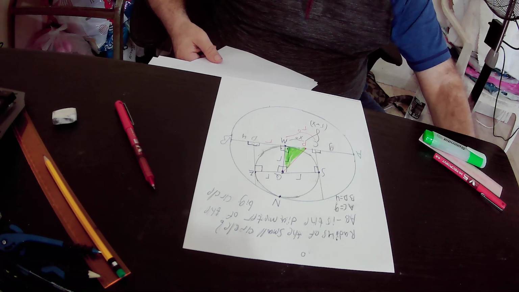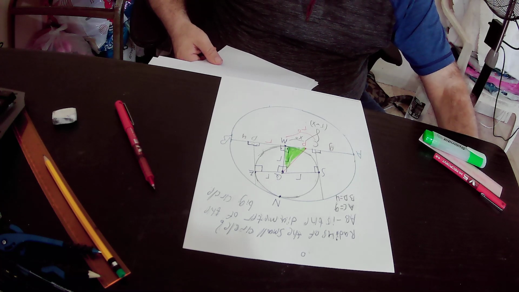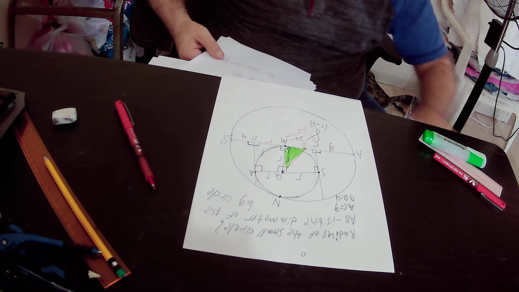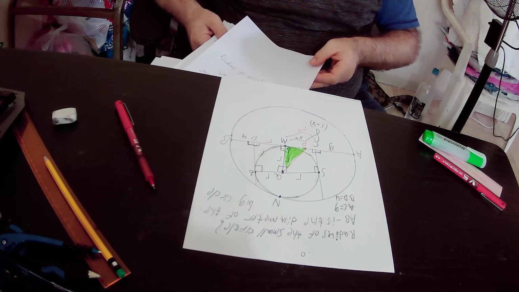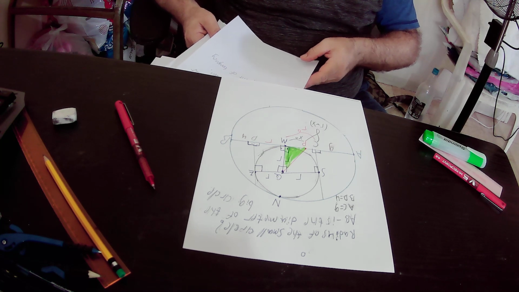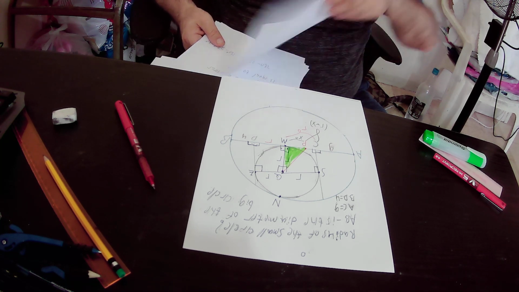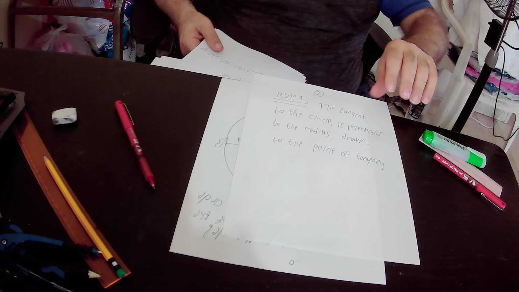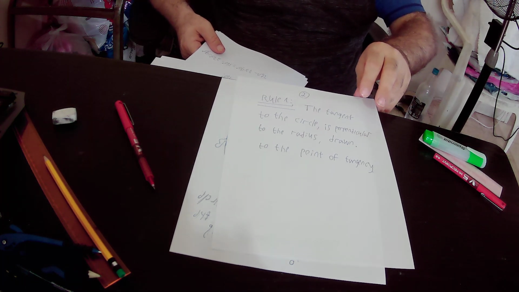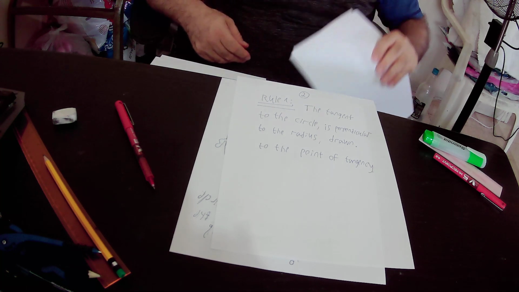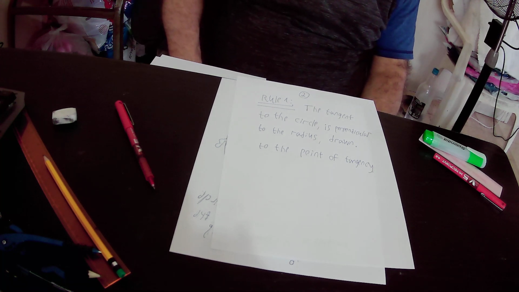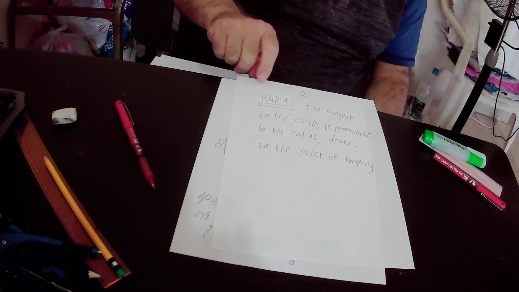So we actually have rule number 1 that states that the tangent to the circle is perpendicular to the radius drawn to the point of tangency.